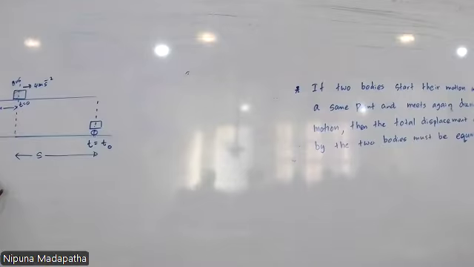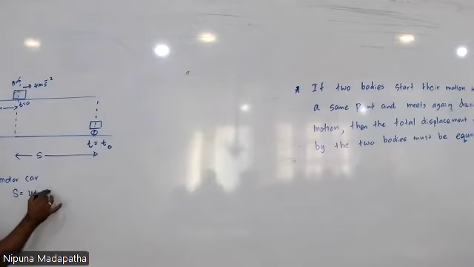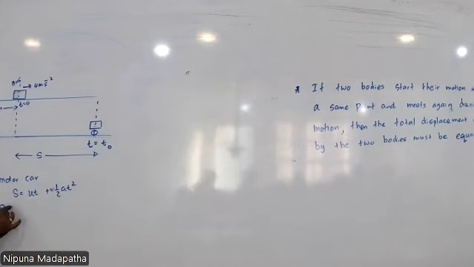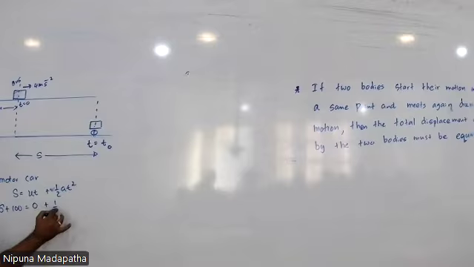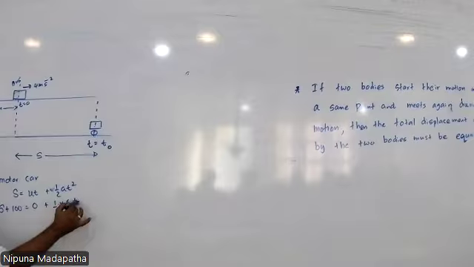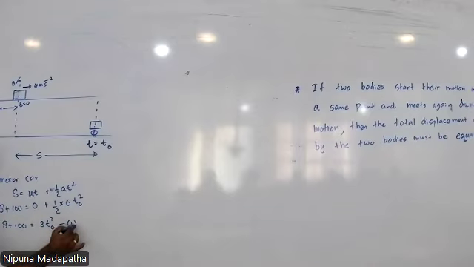So for the motor car, we apply S equals UT plus half AT squared. Distance traveled by the motor car is S plus 100. Initial velocity is 0. Acceleration 6. Time is t naught squared. So S plus 100 equals 3 t naught squared.